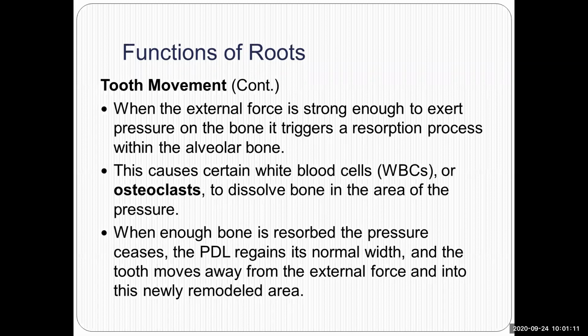And that is from the osteoclasts, which dissolve bone in the area of the pressure. So when enough bone is resorbed, the pressure ceases and stops, then the periodontal ligament can regain its normal width and the tooth moves away from the external force and into the newly remodeled bone. So what are we talking about here?